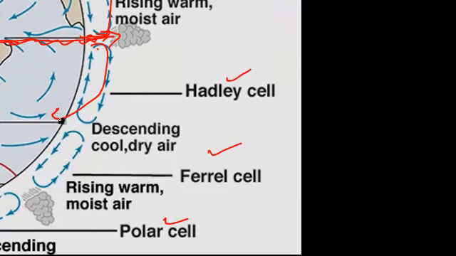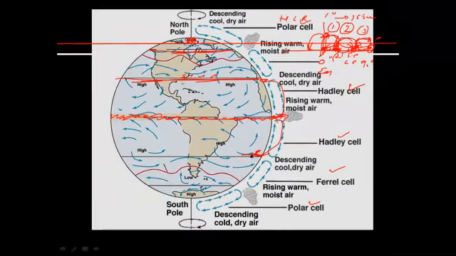and you know how these cells were generated, because here the warm air rises and then it starts descending and piles up at this point, generating one belt, that is the subtropical high pressure belt, and from here it moves toward the equator and second goes toward the poles.